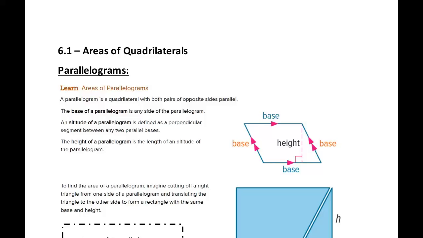And I do think that's kind of important to know. So a quadrilateral is a four-sided closed figure. Closed just means that all the sides are connected. Okay?